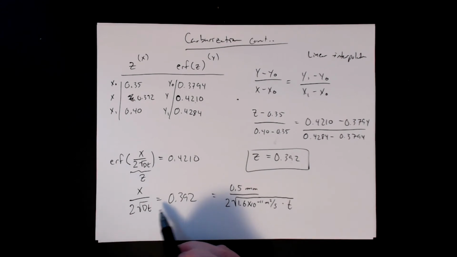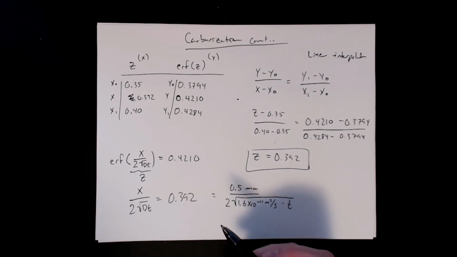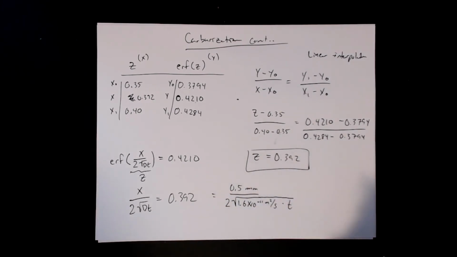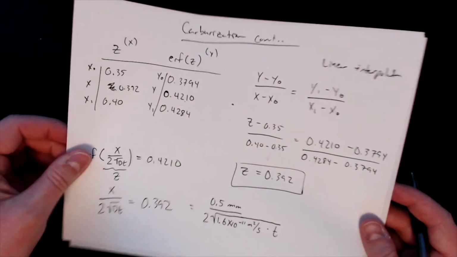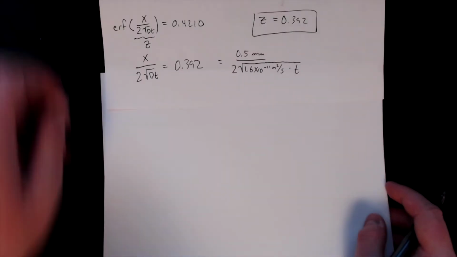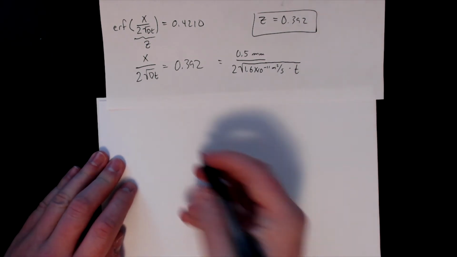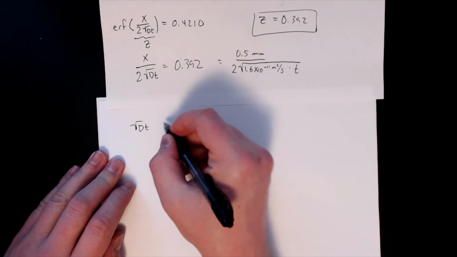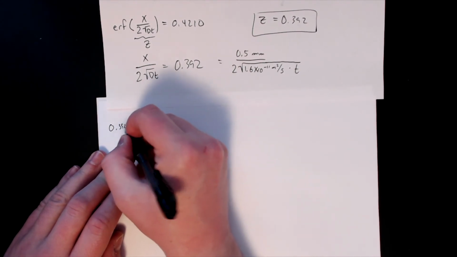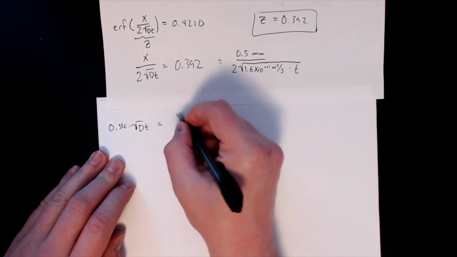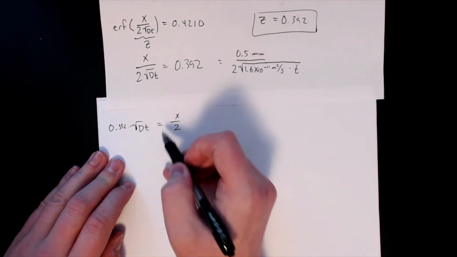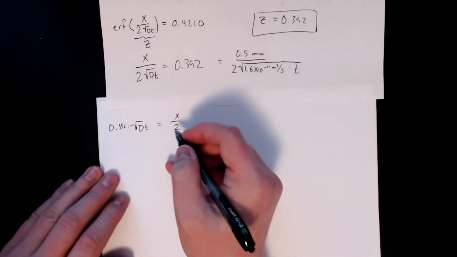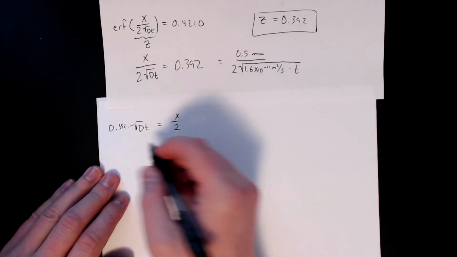I would probably go ahead, before I plugged in the numbers, and rearrange this expression, right? So if we want to solve for that, we can move this up, just moving this out of the way, moving this to the other side.